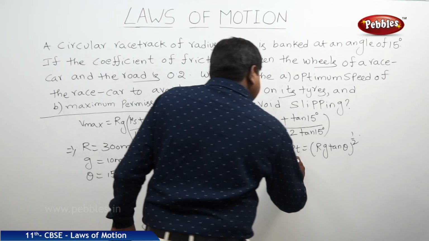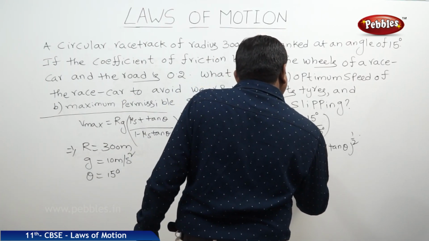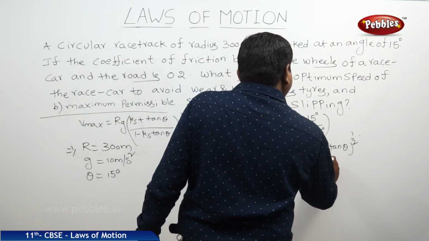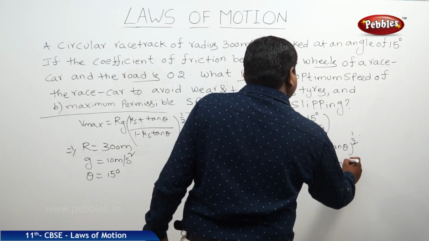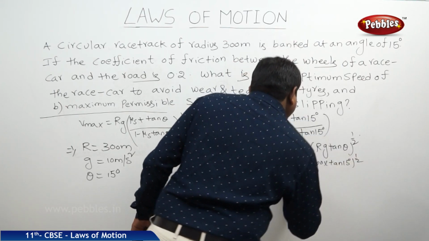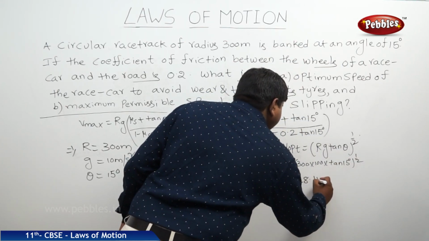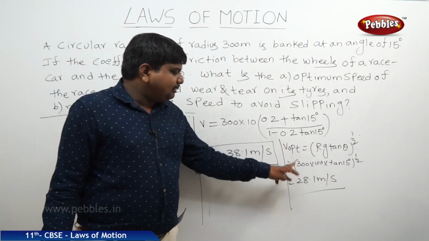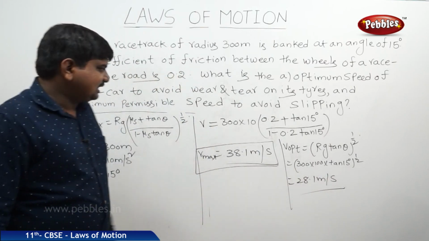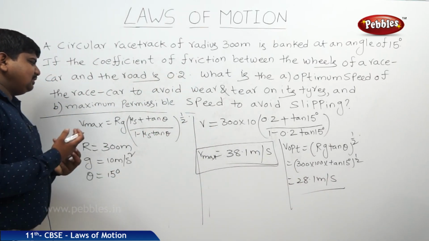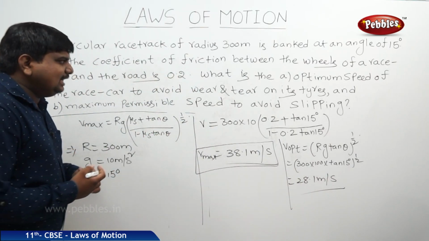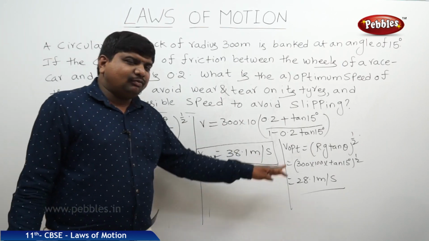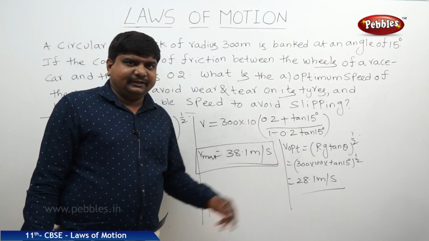So therefore it is R is 300, g is 10 into tan 15 degrees whole power half, approximately we will get 28.1 meters per second. So the first case, optimum speed is 28.1 meters per second. The second case, the maximum permissible speed to avoid slipping is 38.1 meters per second.